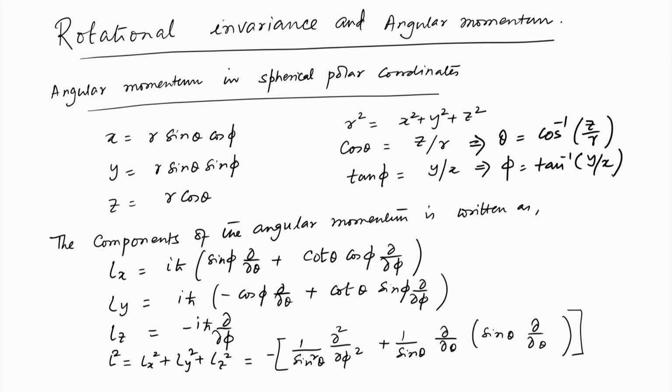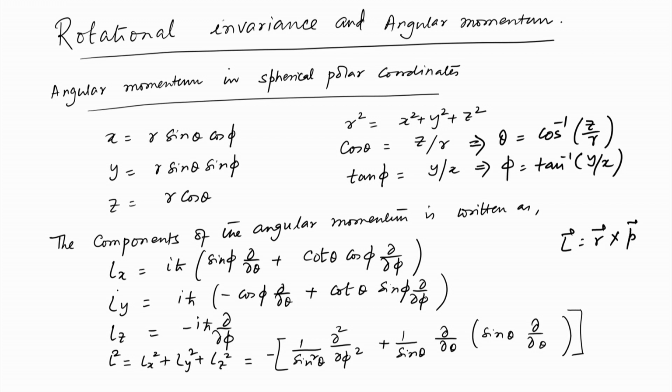This I do without a proof. The definition of L is equal to r cross p, where p is equal to minus i h cross times the del operator, which can be written as i cap del x plus j cap del y plus k cap del z, and r can be written as like this.